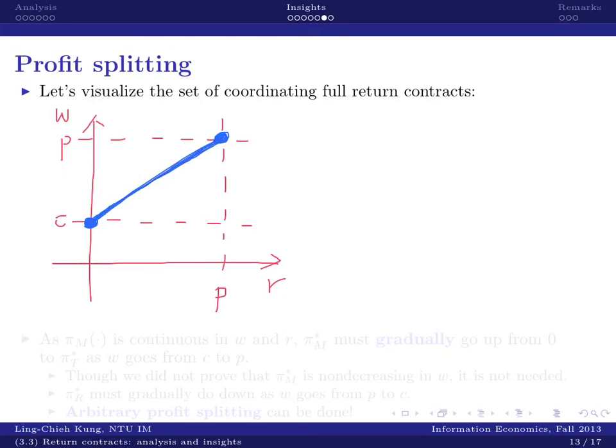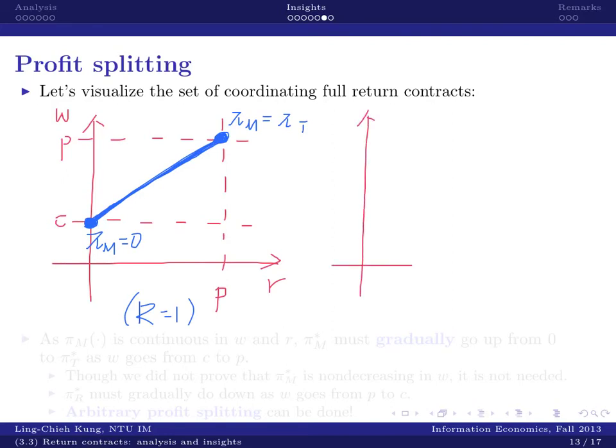Everything on this line segment can coordinate the system if we assume full return. At the first extreme, pi m is 0, and at the second extreme, pi m is pi t. What we are asking is, what happens to those intermediate cases?